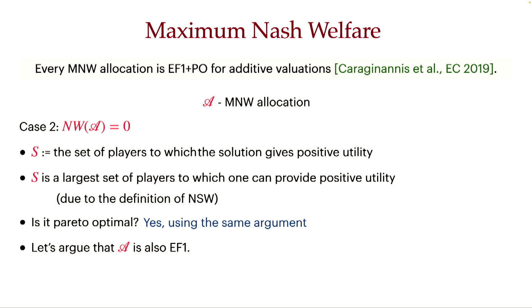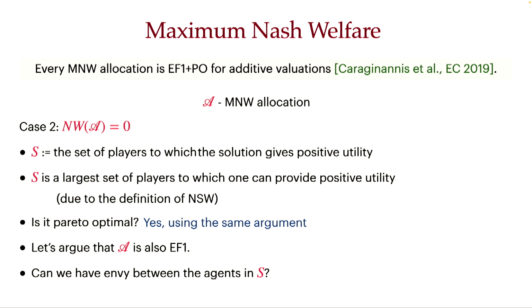Now, let us argue that A is also EF1. First, let us just talk about the agents within S. I can use the same argument that we just did to say that there is no envy between the agents in S, because if there is, we consider that pair, do the reallocation, and we can show that Nash welfare improves.